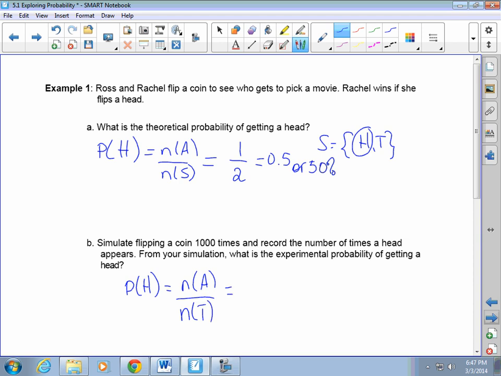We know our number of trials in the experiment was 1,000. And in the simulation that I did, there were 484 heads that happened in 1,000 tosses. So that would be 0.484 or 48.4%.